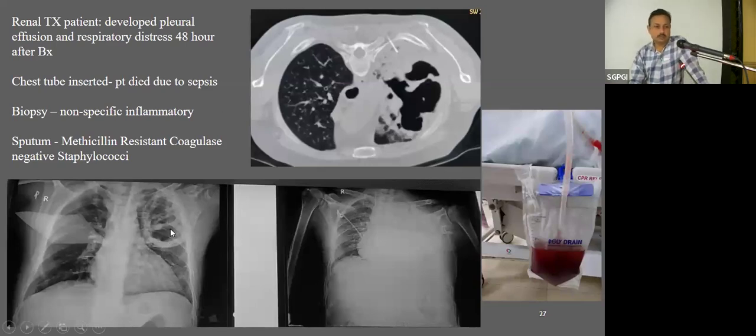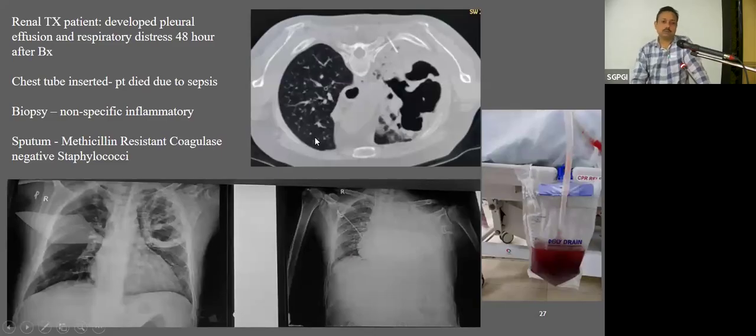This patient was a renal transplant patient, who had a large mass-like lesion with large cavitation. The patient developed opaque hemithorax and respiratory distress 48 hours after biopsy. A chest tube was inserted. However, this patient subsequently died due to sepsis.